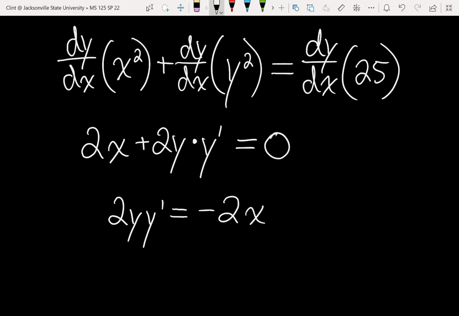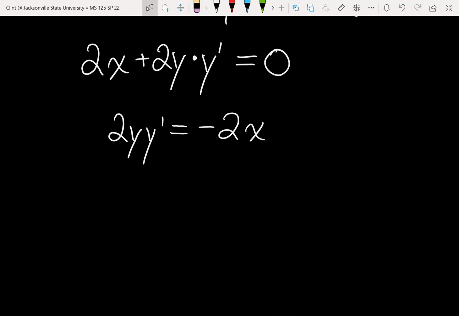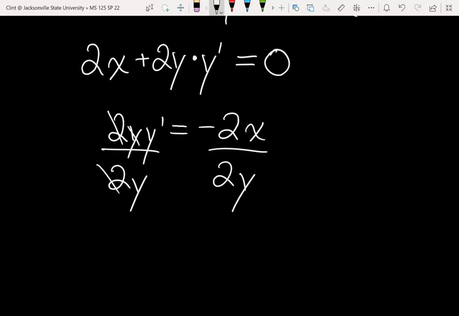Then on the left side we have 2 times y prime. We're trying to end up with just y prime by itself. So back to just basic algebra rules, what should we do? Divide by 2y. Those 2's and y's cancel.